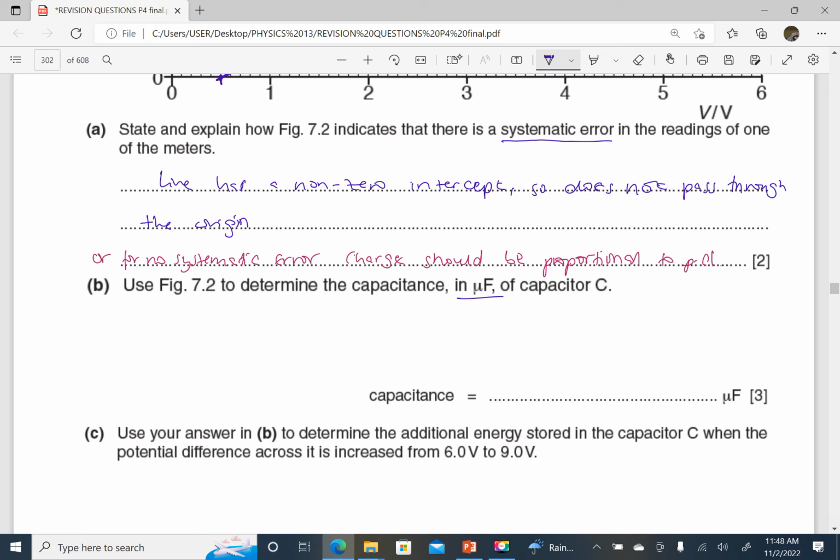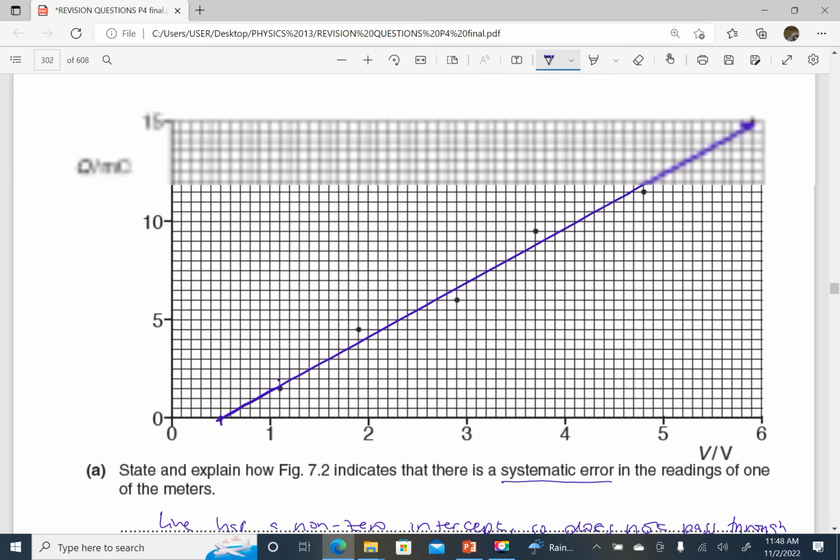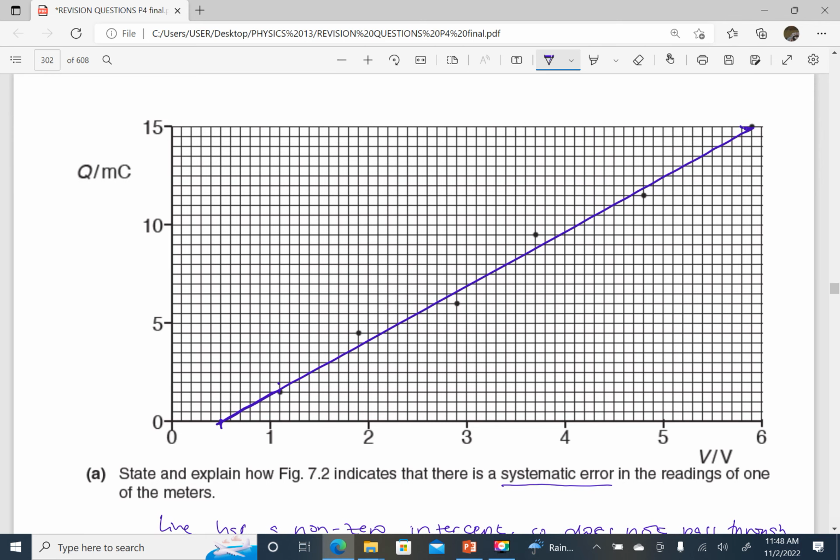So we want to find the capacitance. So we can find maybe the gradient of best fit. Let's find the gradient of best fit. I think it will be the easiest. I'll consider, let me see, 1, 2, 3, 4, 5.